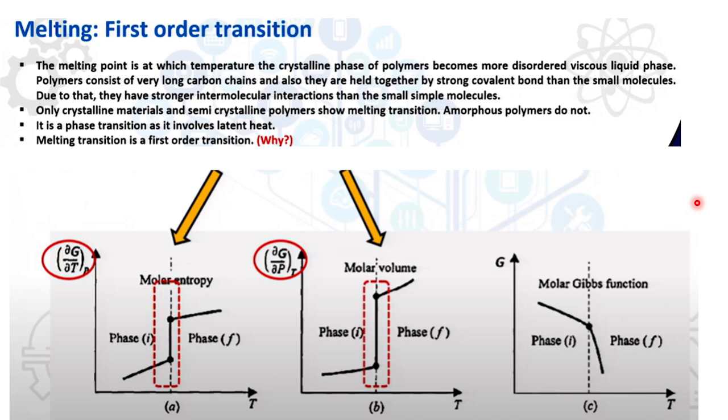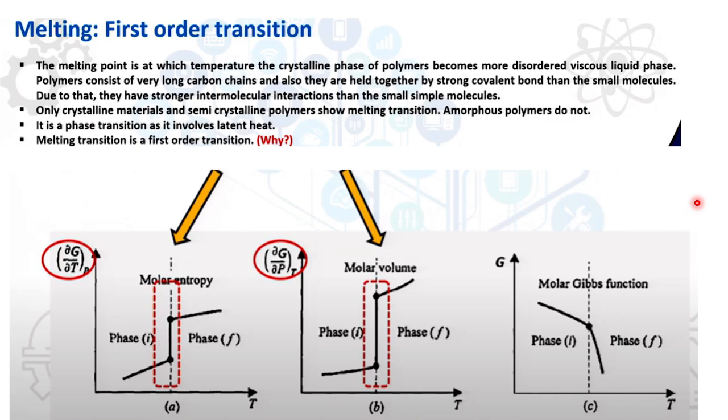But amorphous polymers do not show any melting condition, and you will not get any peak, so you will not get any Tm or Tc from the DSC in case of amorphous type of polymer. And it is a phase transition, so the transition happens from solid to liquid when it is melting.